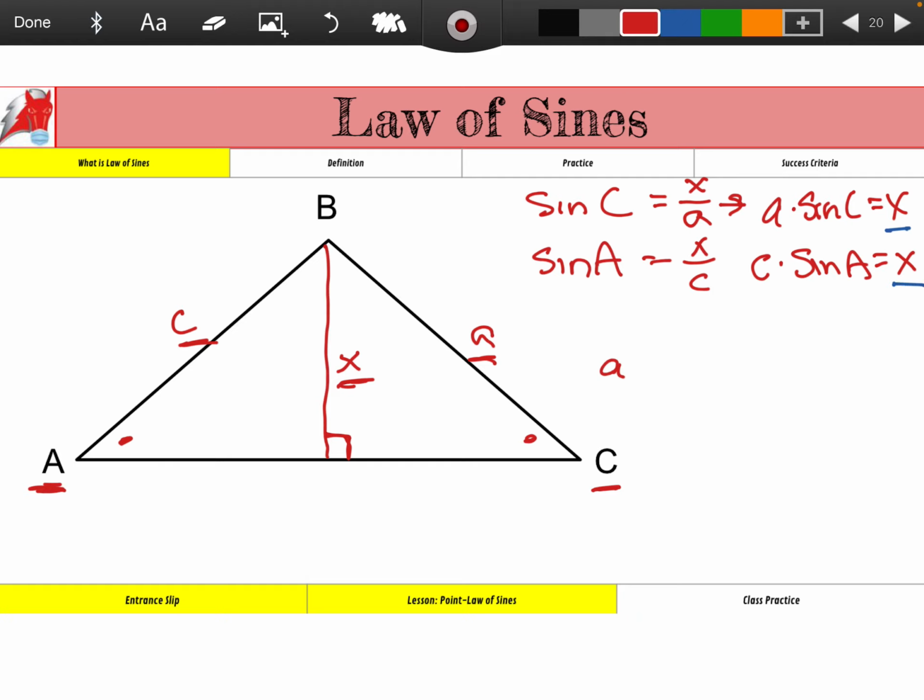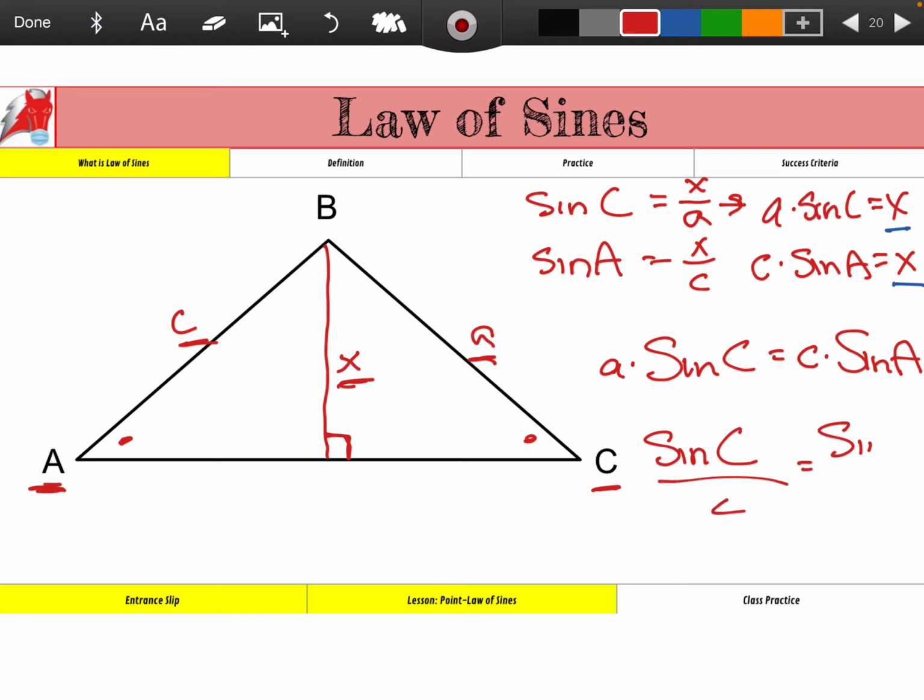So I know that A times sine C is equal to C times sine A. Well, let's move some stuff around. If I divide by C and divide by A, that moves C over on this side, A on that side. So now look what I got. Sine C over C is equal to sine A over A.